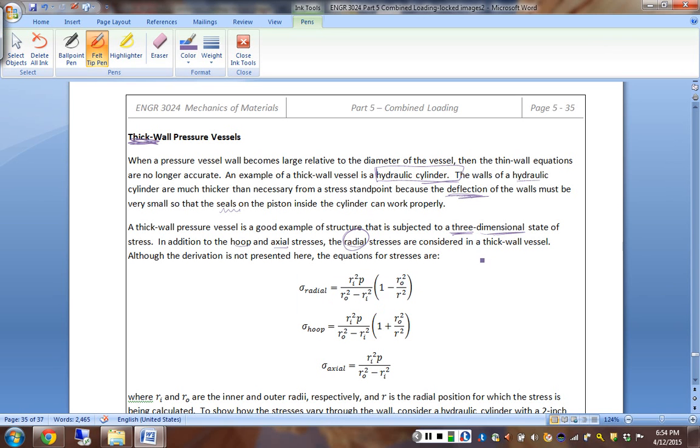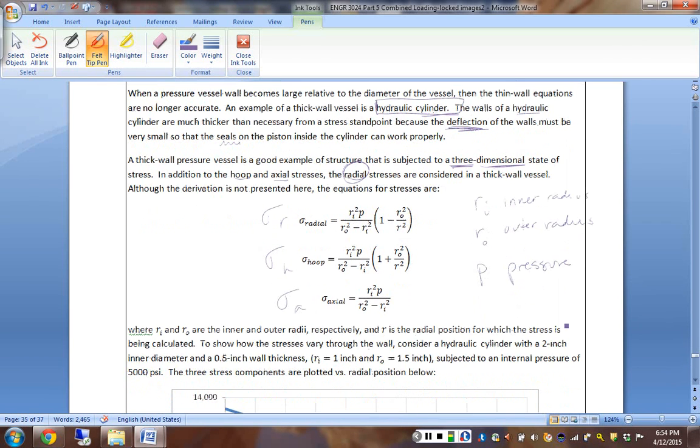The equations that deal with this consider the inner radius of the structure, r sub i, the outer radius of the structure, r sub o. We have sigma sub r as our radial, sigma sub h as our hoop, and sigma sub a as our axial, and P is the amount of pressure inside the structure.